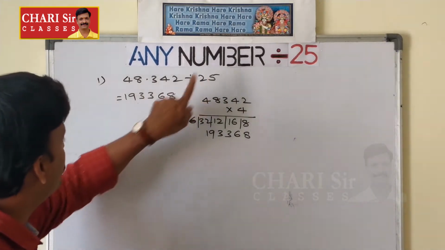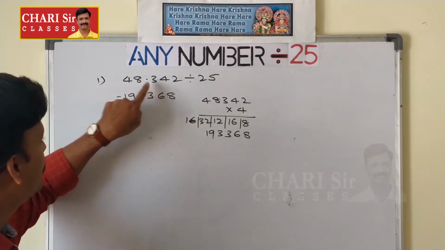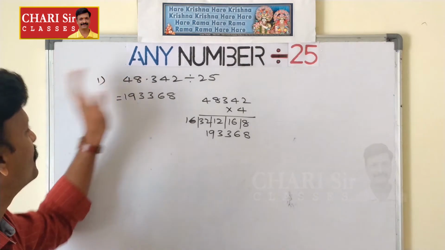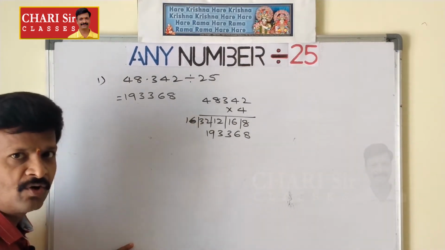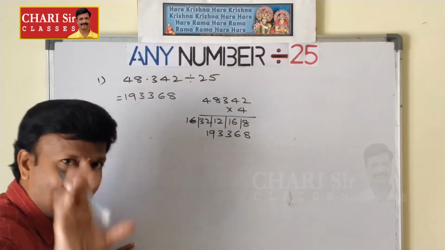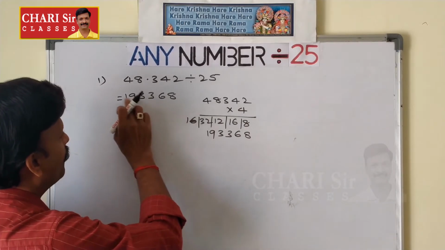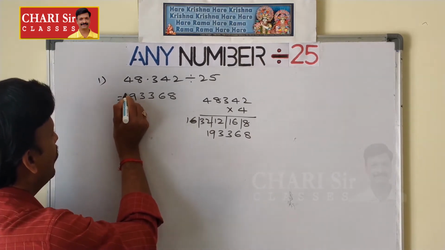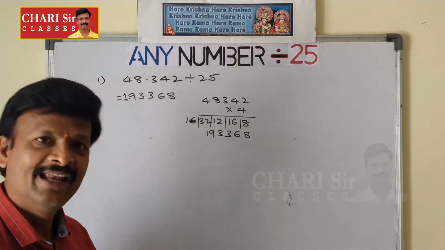In the given number, after 3 digits from the right hand side, there is a decimal point. Now you need to move 2 more digits towards the left. How many digits do we need to count in total? Total we need to count 5 digits from the right hand side: 1, 2, 3, 4, 5. You can put the point here. Your answer is 1.93368. Like this you can do.